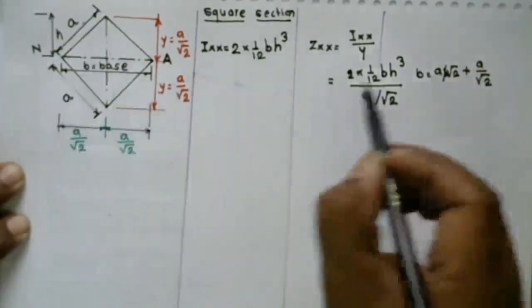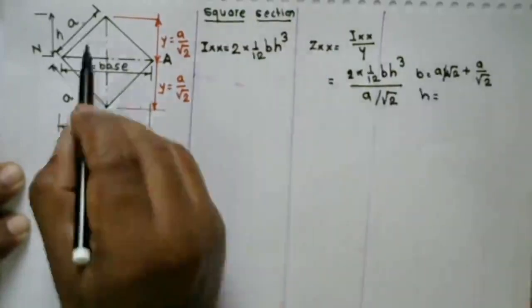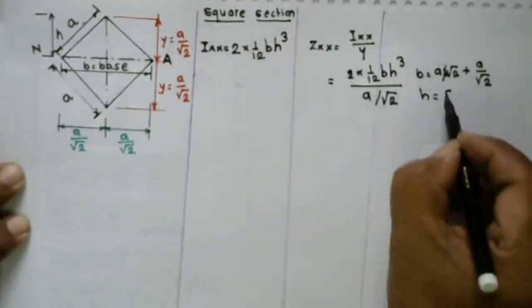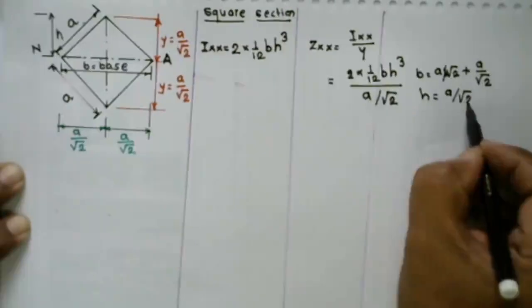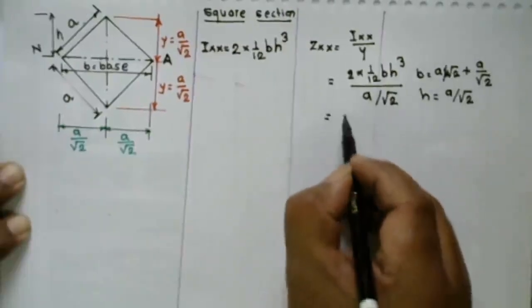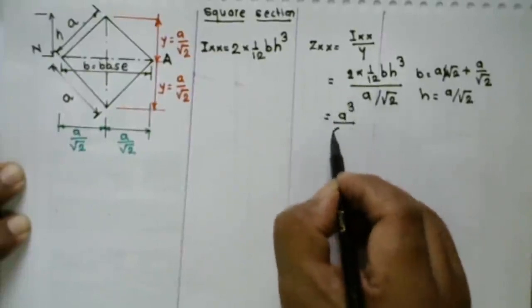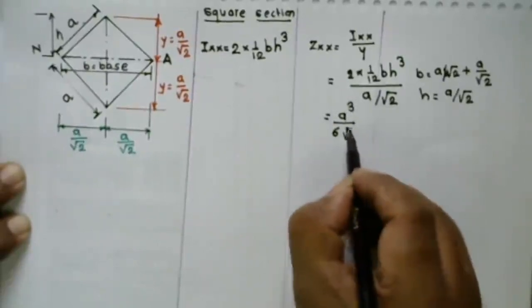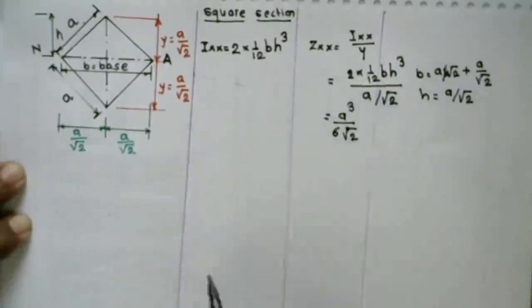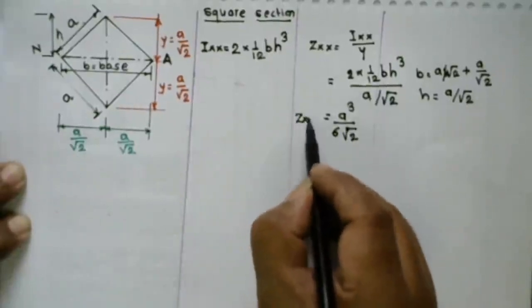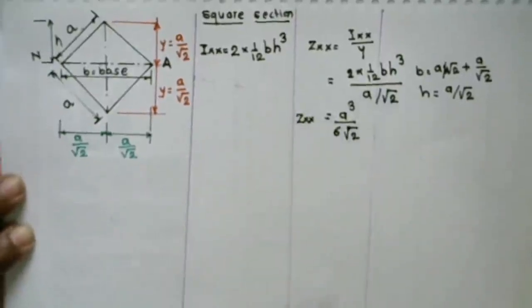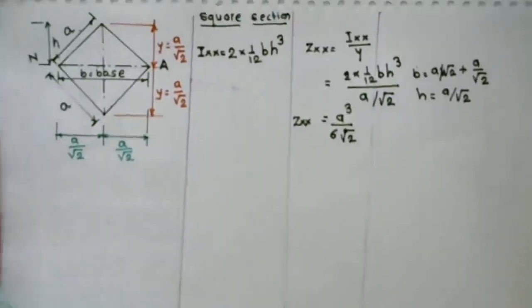And the height h, the height of the triangle, is a upon under root 2. After solving this, you will get the section modulus for this section: a cube upon 6 root 2, is the section modulus for that square section. Okay.